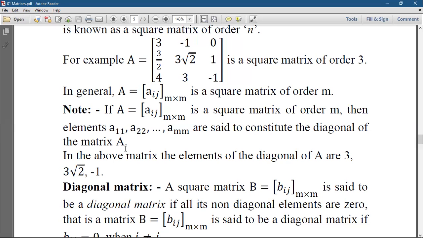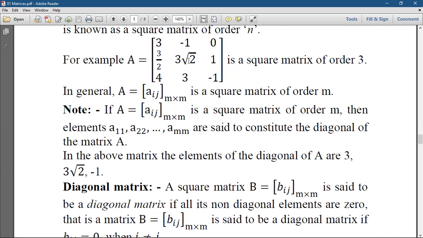One notable thing is there. If A equals Aij, m by m, is a square matrix of order m, then the elements A11, A22, up to Amm are said to constitute the diagonal of the matrix A. For example, here 3, 3 root 2 and minus 1 are the diagonal elements.